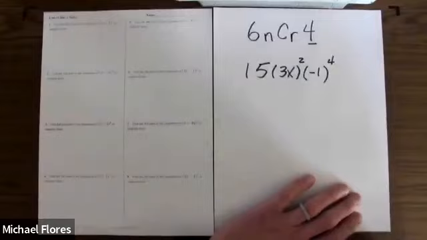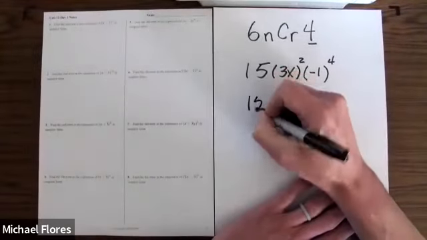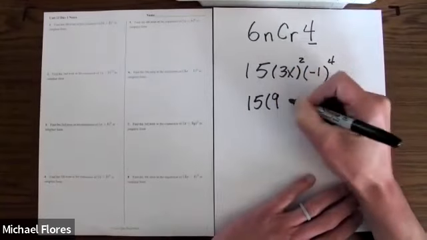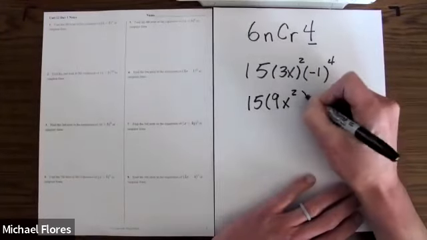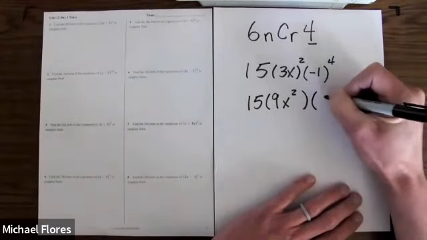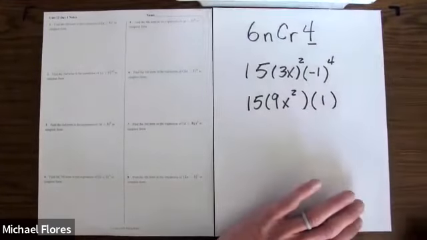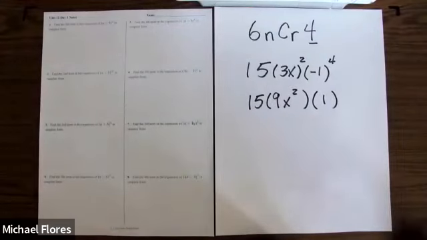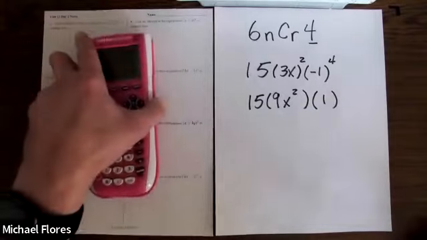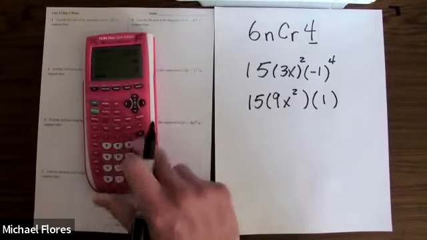Now we just have to do a little bit of math. So start with 15. 3 squared is 9. x squared is x squared. -1 to the 4th power is a +1. And 15 times 9 is, what is 15 times 9? 135.